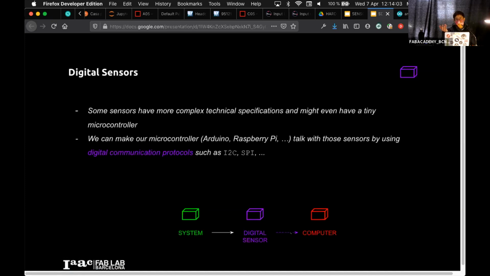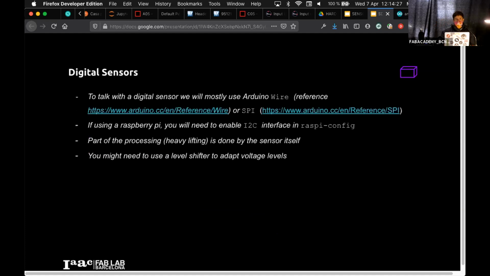We call that a communication protocol, which basically establishes a standard, like I2C, SPI, etc. So sometimes you will see some boards that are not as simple as the ones we've been talking about, and it means that these are using digital communication protocols.